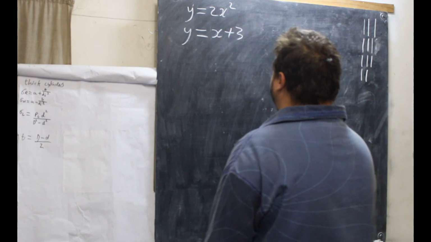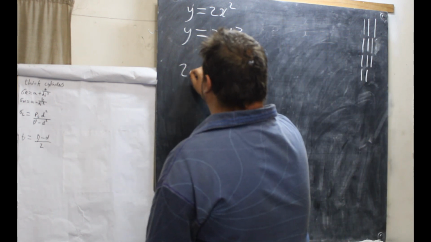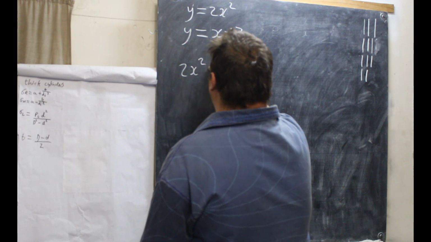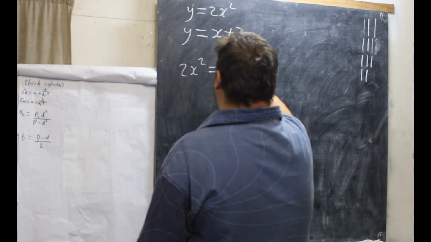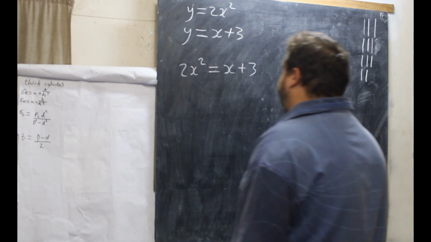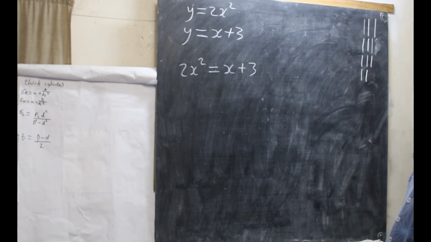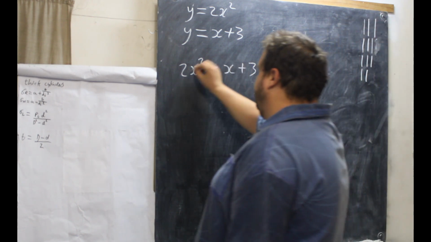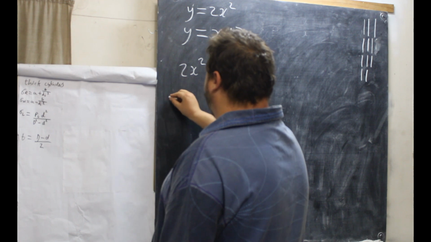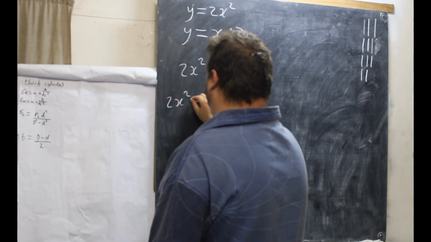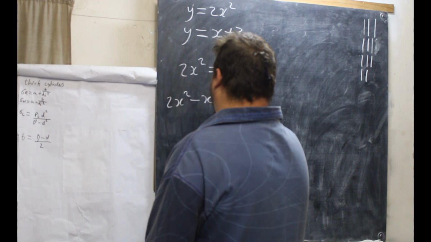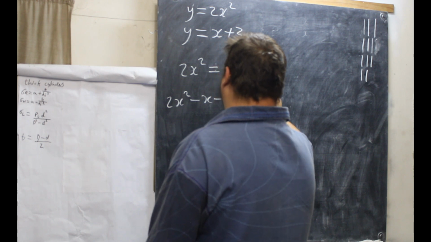So, 2x squared equals x plus 3. Now, what we're going to do next is take the x and plus 3 over. So we've got 2x squared minus x minus 3 equals 0.